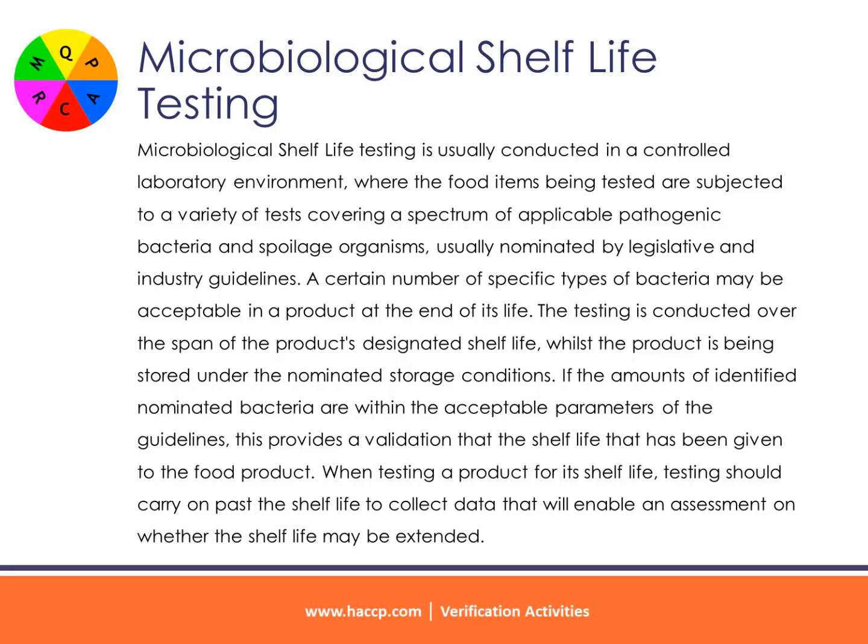A certain number of specific types of bacteria may be acceptable in a product at the end of its life. The testing is conducted over the span of the product's designated shelf life, whilst the product is being stored under the nominated storage conditions.